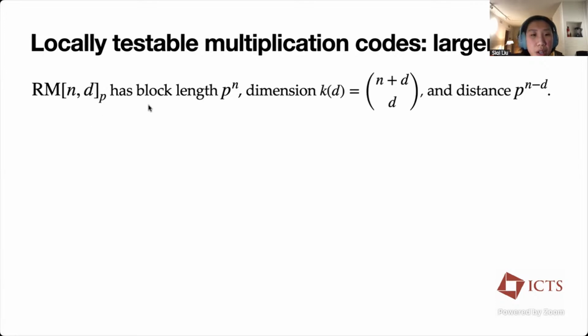So in this case, the block length would be p to the n, the number of points we evaluate at, and the dimension is essentially n to the d. So it's polynomial in n, but the block length is exponential in n. So the rate is really sub-exponent. It's really inverse exponential rate. So it's not very good.